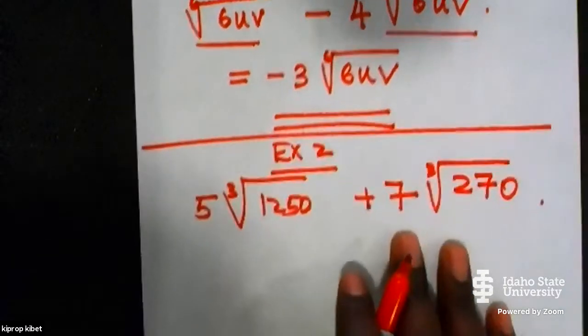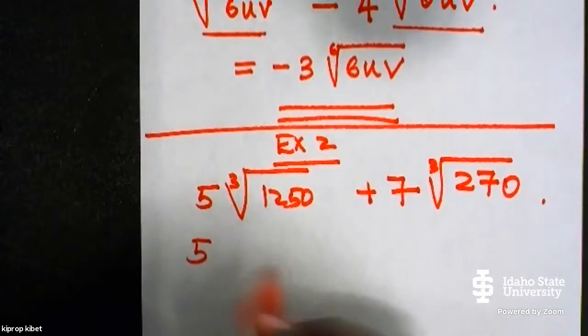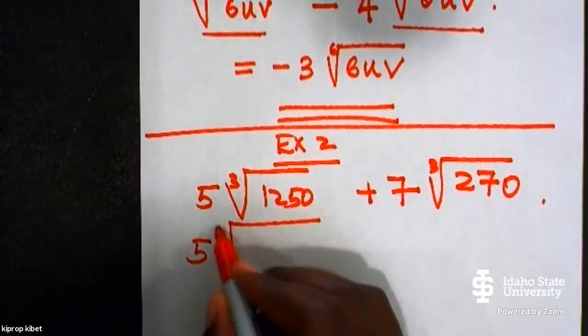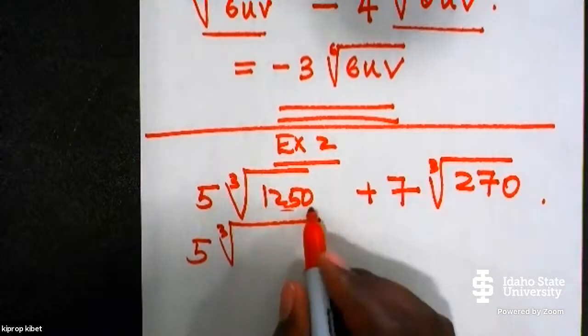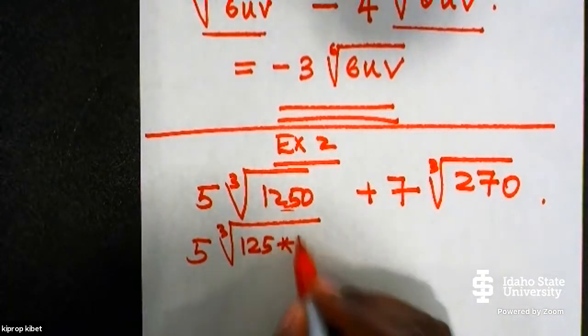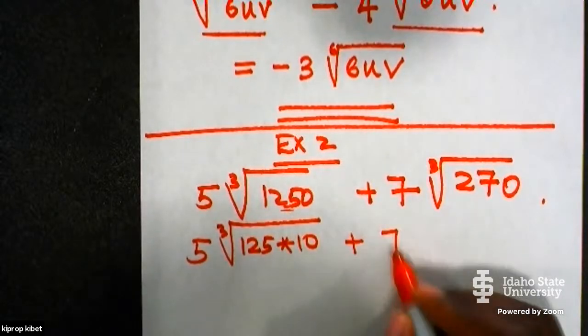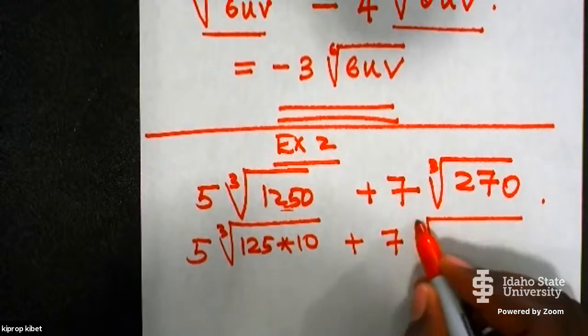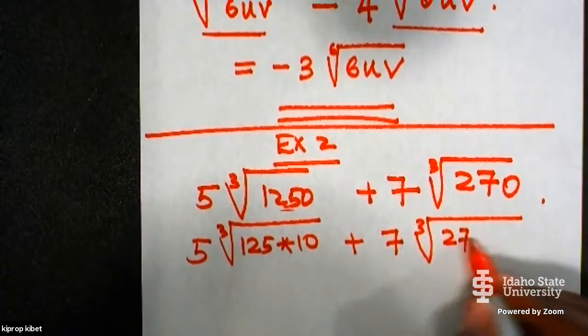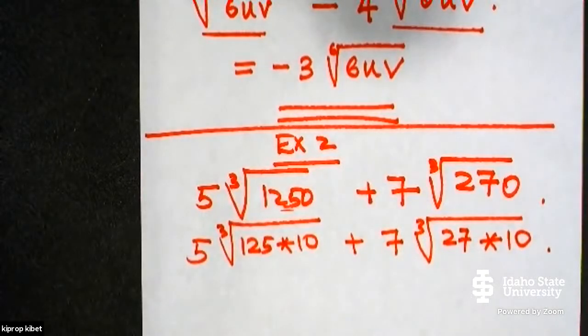To simplify this, we can have 5 the cube root of 125 times 10, plus 7 the cube root of 27 times 10, right?